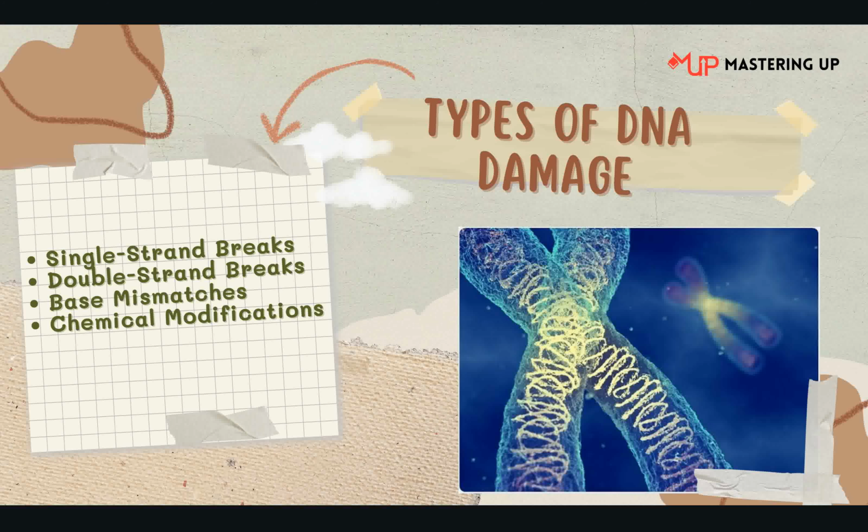Each type of damage requires a specific repair mechanism to correct it. So these are the commonly occurring types of DNA damage. Now we will see how the DNA repair mechanisms for each of these occur.